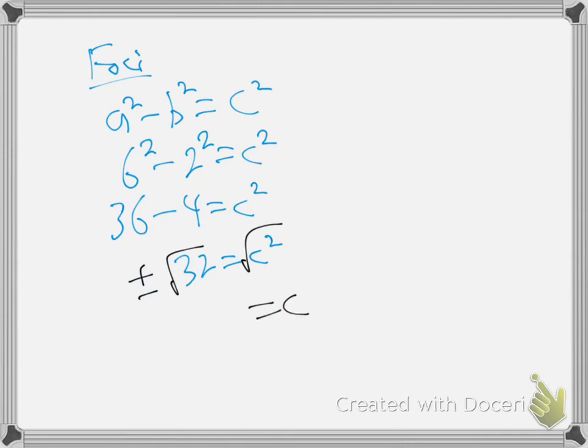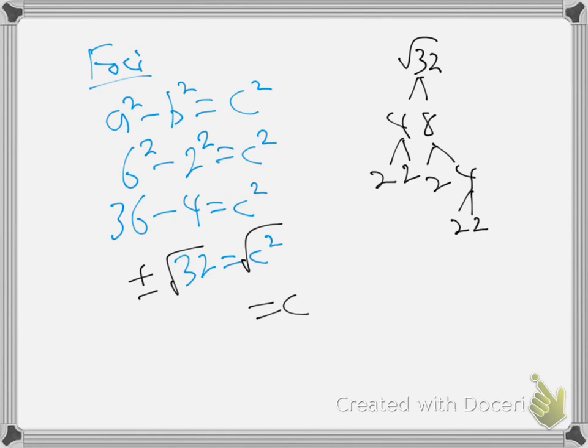Remember from algebra, simplifying roots? Do it up here real quick. Plus or minus 4 times 8, 2 times 4, 2, 2. So I ended up with 5 twos: 1, 2, 3, 4, 5 twos. So the square root of 32 is the square root of 2 times 2 times 2 times 2 times 2.